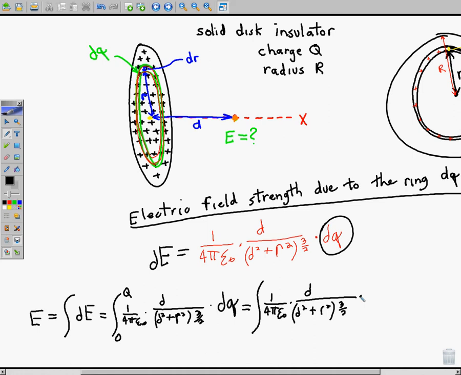But instead of saying sigma dA, what's going to go in for dA? 2 pi r dr. And now, to get all the charge, what am I going to have to integrate from? 0 to R. So ladies and gentlemen, the physics is done. It's calculus time. Now it's just time to do that integral.